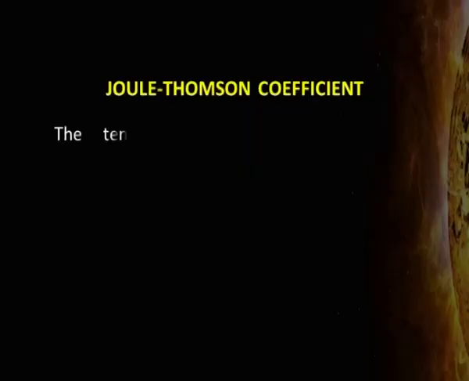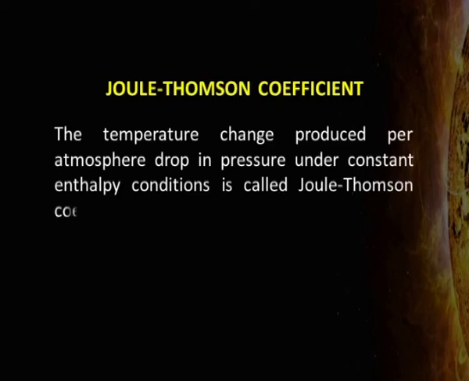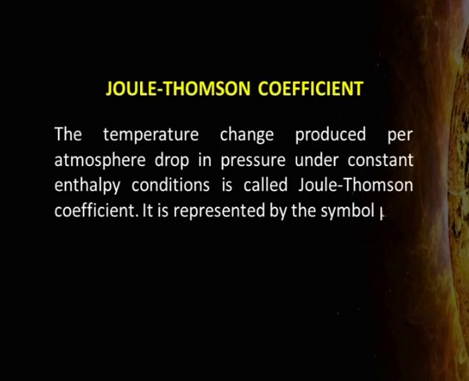In Joule-Thomson's experiment, when a gas expands adiabatically from a region of high pressure to a region of low pressure through the porous plug, the temperature change produced per atmosphere drop in pressure under constant enthalpy conditions is called Joule-Thomson's coefficient. It is represented by the symbol mu.